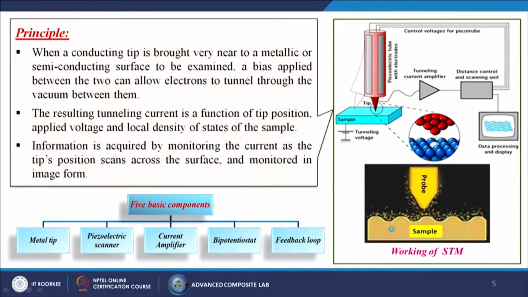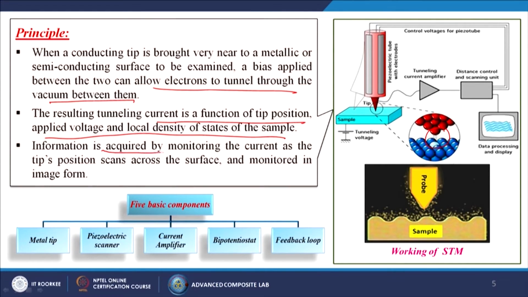What is the working principle? When a conducting tip is brought very near to a metallic or semiconducting surface to be examined, a bias applied between the two can allow electrons to tunnel through the vacuum between them. The resulting tunneling current is a function of tip position, applied voltage and the local density of states of the sample itself.